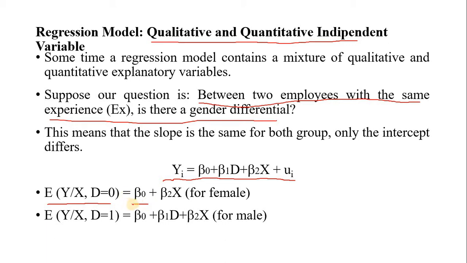There will be only beta 0 plus beta 2 x, because experience is applicable to both gender categories. And the expected value of y when d is equal to 1 is beta 0 plus beta 1 d plus beta 2 x. So beta 0 gives the average wage of females for a particular level of experience, and d equal to 1 gives the average wage of males with a particular level of experience.